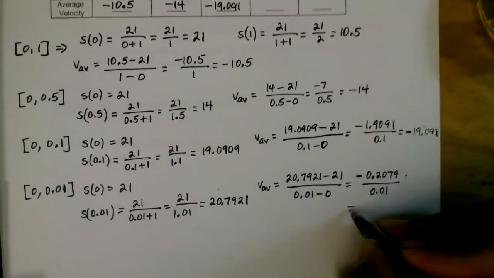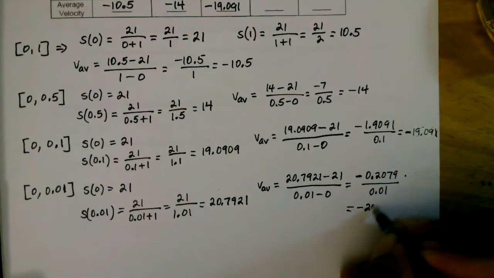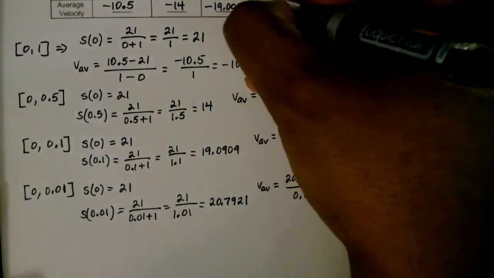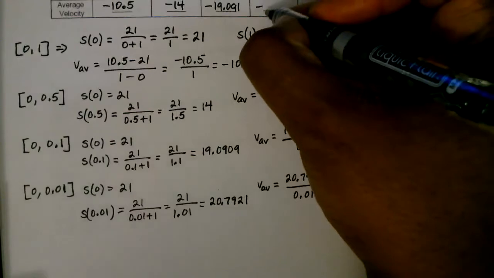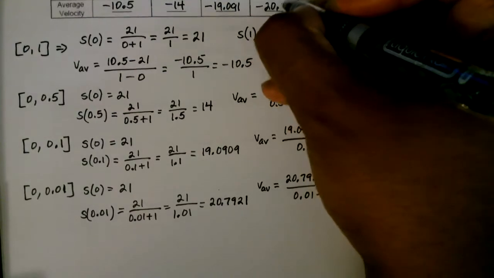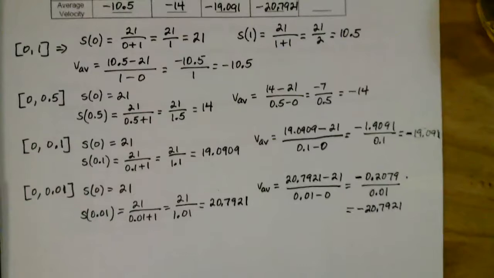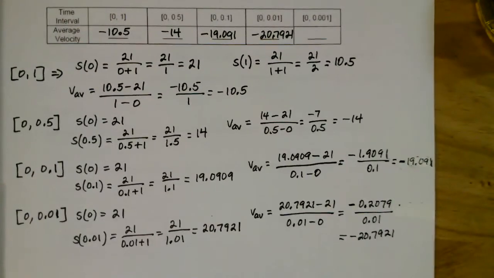Yeah, let me write that there. That looks sloppy. Okay, so this is negative 20.7921 from 0 to 0.01.